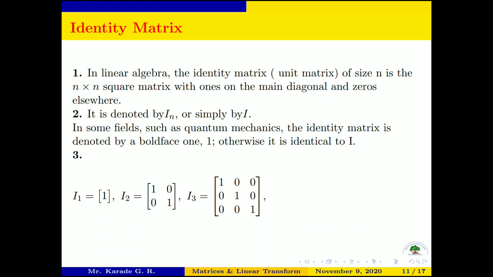First row is 1 0 0, second row is 0 1 0, and third row is 0 0 1. At the main diagonal we are putting ones, and at the off diagonal we are putting 0.